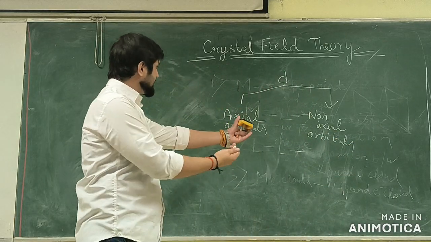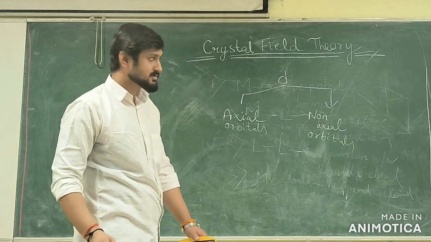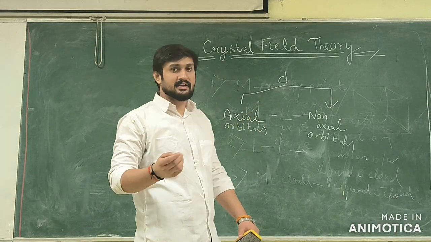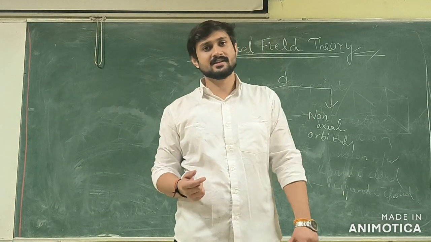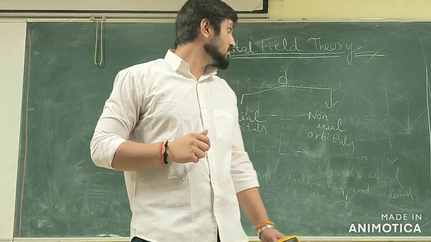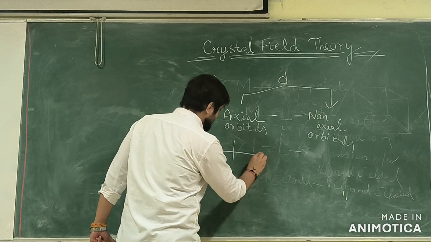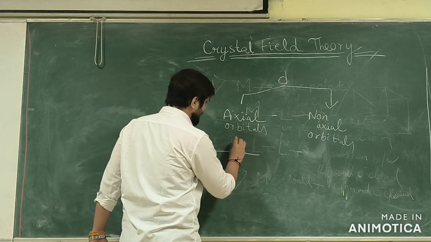So what do we mean by axial and non-axial orbitals? You know that the d orbitals are dxy, dyz, dzx, dx square minus y square and dz square. The orbitals have shapes, so I will first draw the shapes of the orbitals.